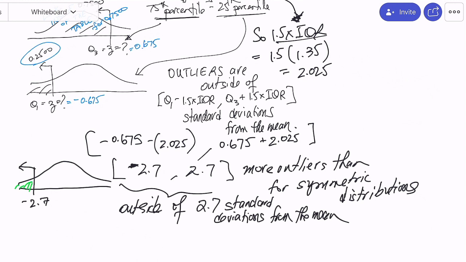So that's a lot, right? It's very different. So it's going to be the same on the other side, right? Because this is a symmetric distribution. It's going to be the same over here for 2.7.